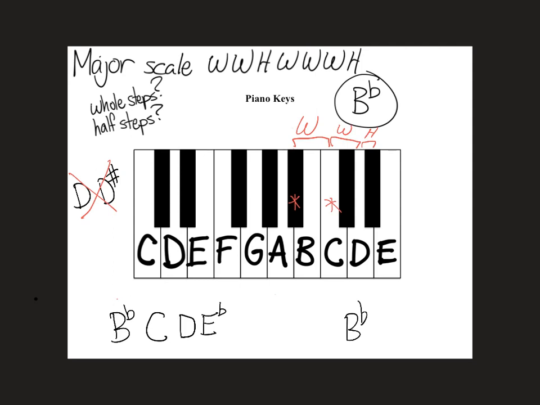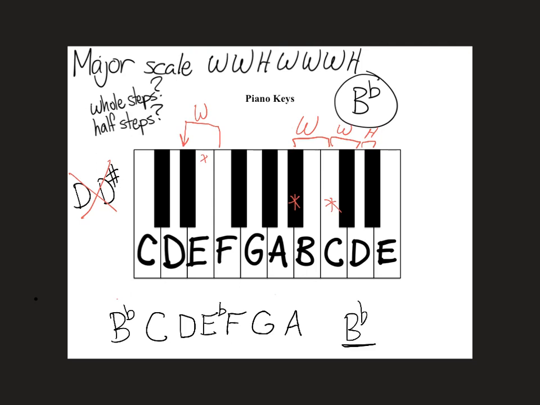So from an E flat, which we will look at right here on our piano keys since we have to loop around, we need to skip a note and go on to an F. A whole step up from F is a G, and a whole step up from G is an A. At this point, we should be on the final note, which we know is a B flat.